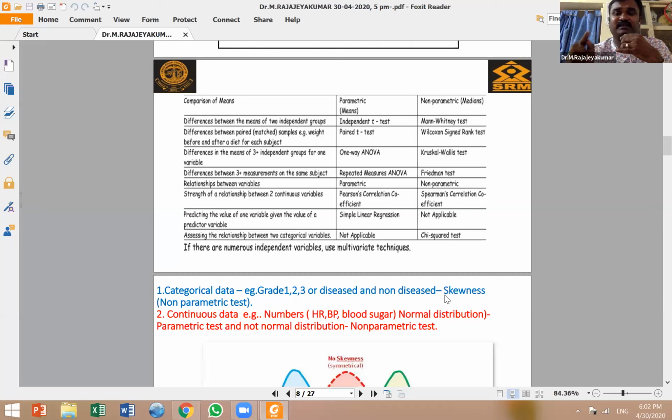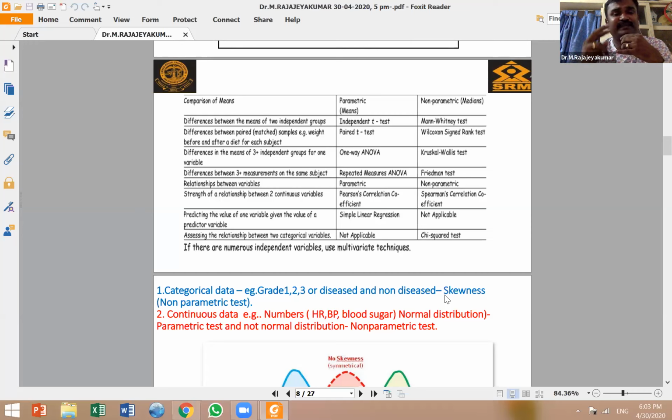If the central tendency is mode or median, or the data is not normally distributed, you can use the Mann-Whitney test. Then the paired test: paired means before and after. You do the intervention and measure before and after. If it is parametric, the mean is the central tendency; for non-parametric, we consider the rank test.